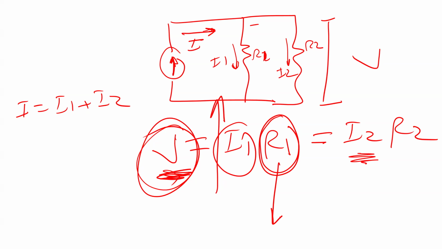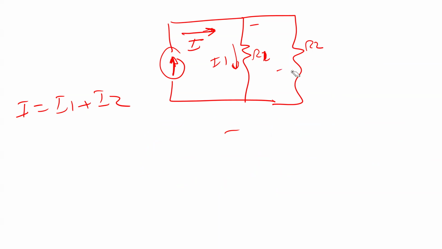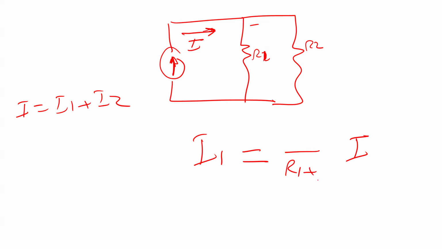I'm going to give you the exact formula. I also want to prove it, but for now, the exact formula is, look here, I1 equals... what ratio of I? I need to get the ratio. The ratio here is going to be R1 plus R2, similar to the voltage.